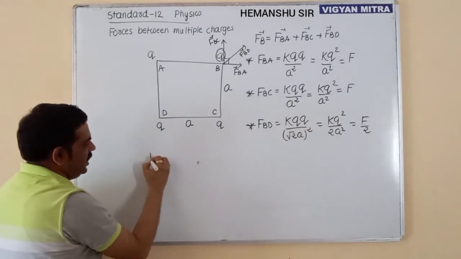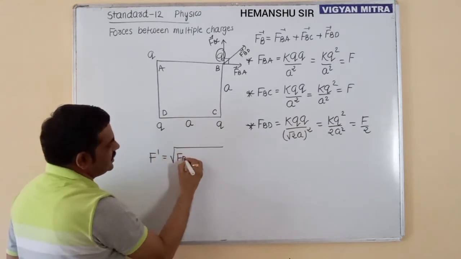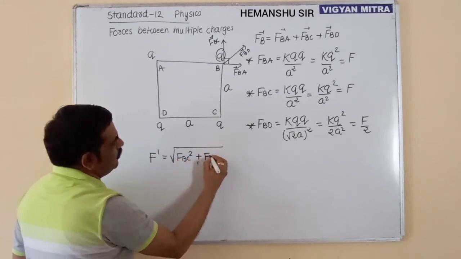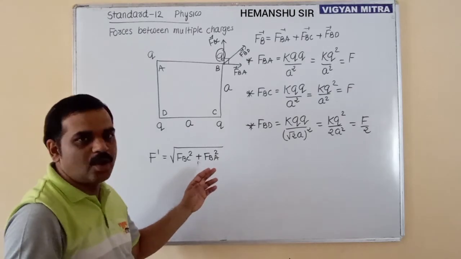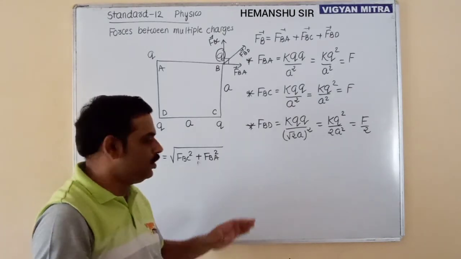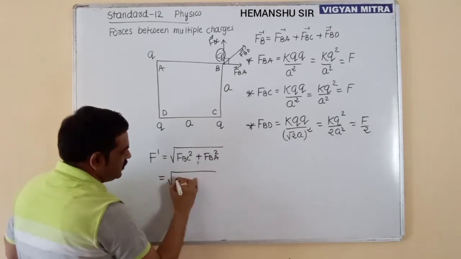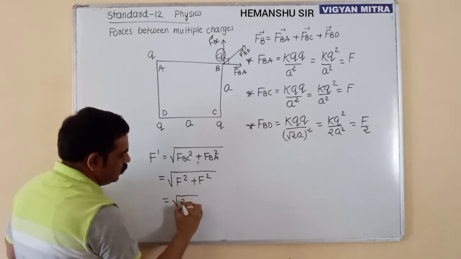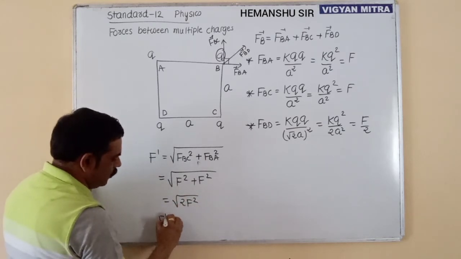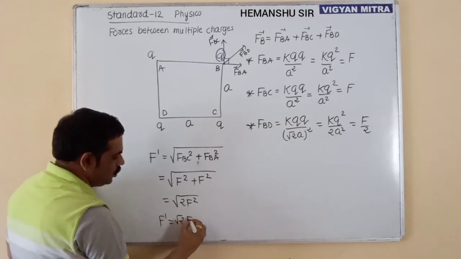So the net force of these two is given by root of FBC square plus FBA square plus 2 FBC FBA cos 90, but cos 90 is 0, so the third term will be 0. So here it is F square plus F square, root 2 F square. So the resultant force of these two forces is root 2 F.